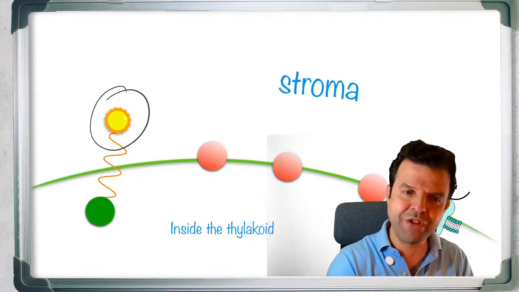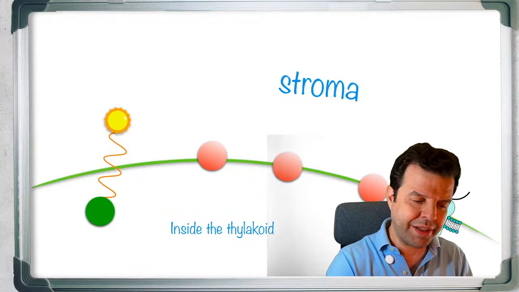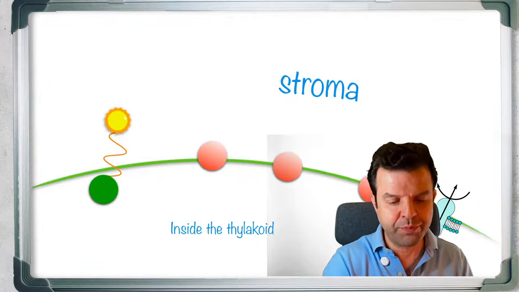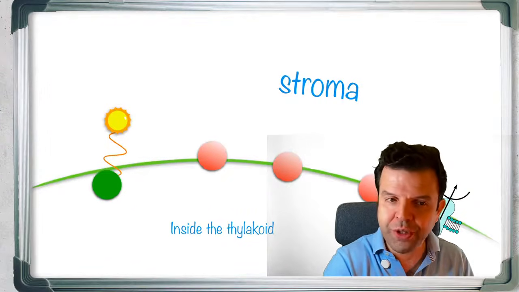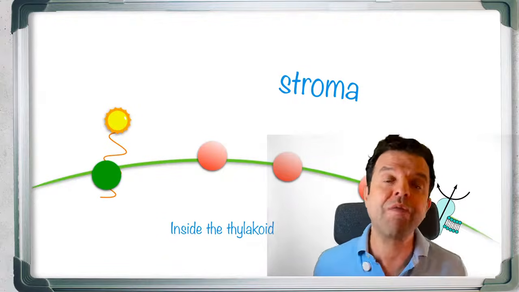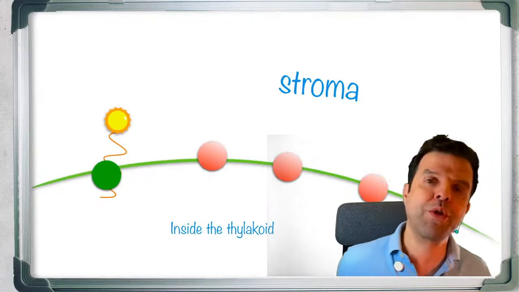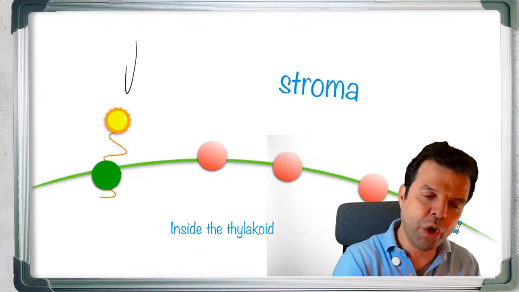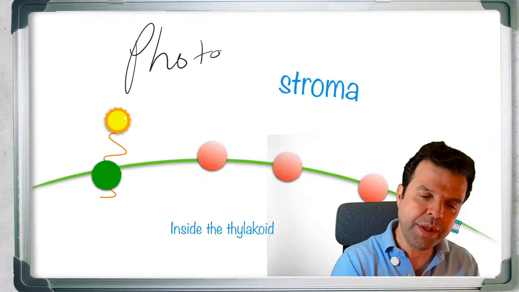So you see the light energy, and here is what I call photosystem. What's a photosystem? Remember, it's chlorophyll, but we have other pigments with chlorophyll. So it's like a mixture of pigments. We call this mixture a photosystem.